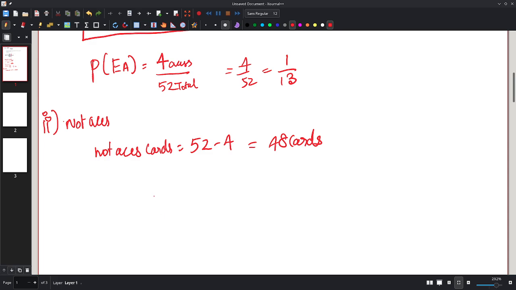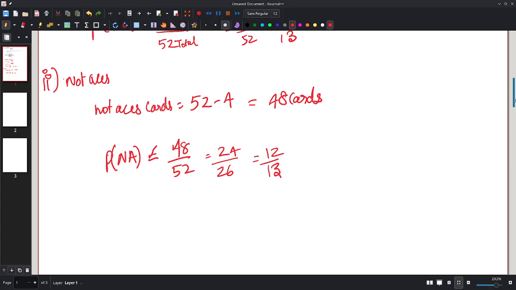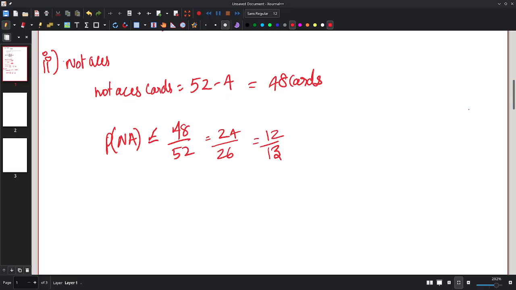So P of not ace is equal to 48 by 52, which is 24 by 26, which is 12 by 13. So that is your probability of not an ace.